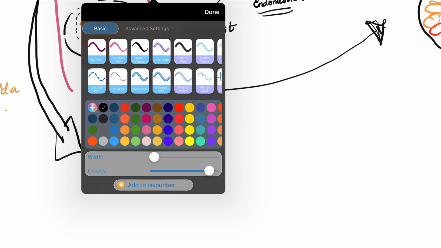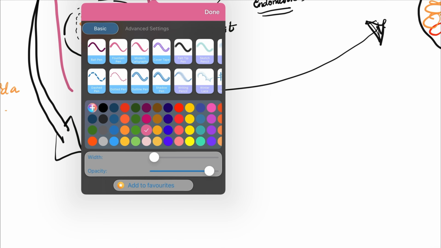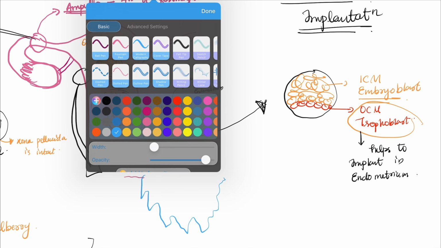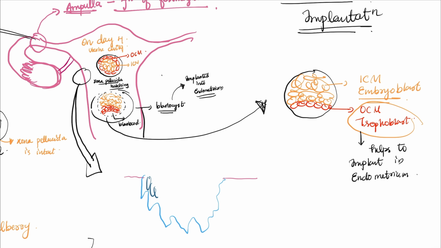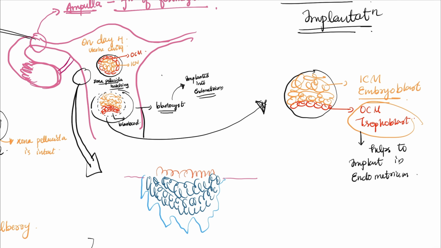Okay, if we see it in cross section, okay, this is not a cross section. Sorry, let me draw a cross section real quick. So if we see a cross section of how invagination or implantation happens, we can see it like this. As we can see here, this is how an implantation looks.